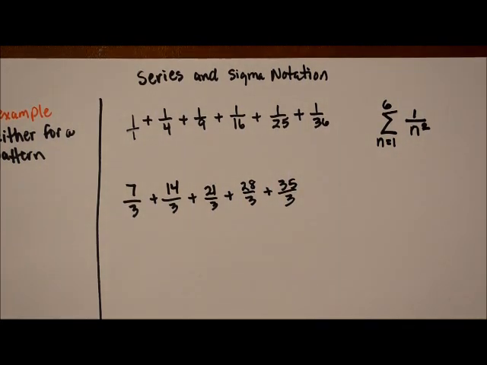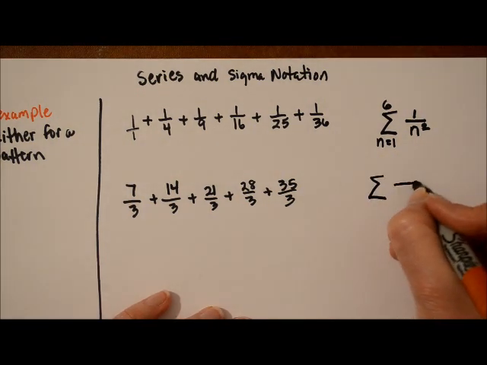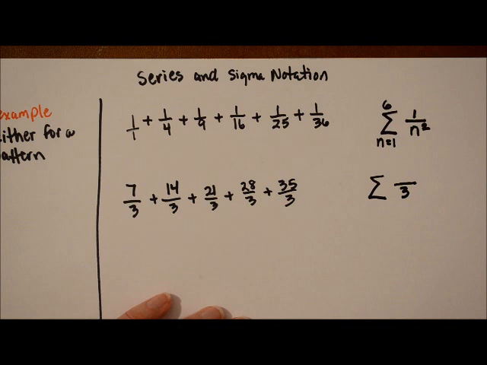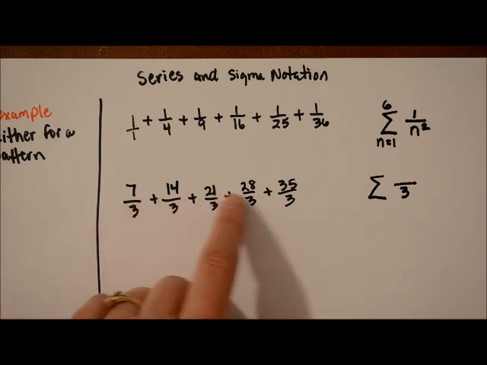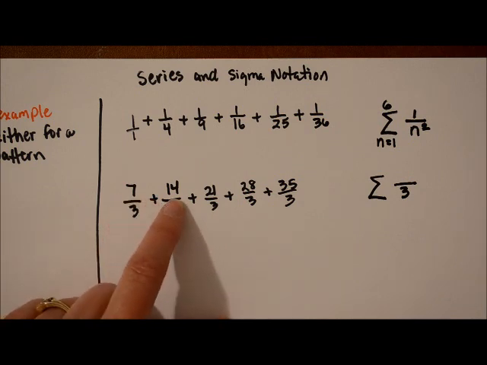Okay, well, you're going to think of it in 2 pieces. So I look at this one, I'm looking at it as a fraction, and I see that the denominator is staying 3. So I am going to use something over 3. And then I'm going to take these numbers here, and I'm going to look, is it an arithmetic series? Is it a geometric series? Could it possibly be?